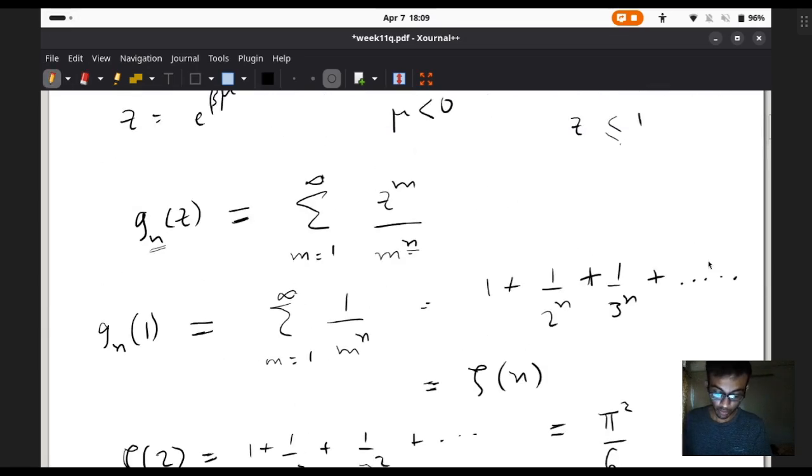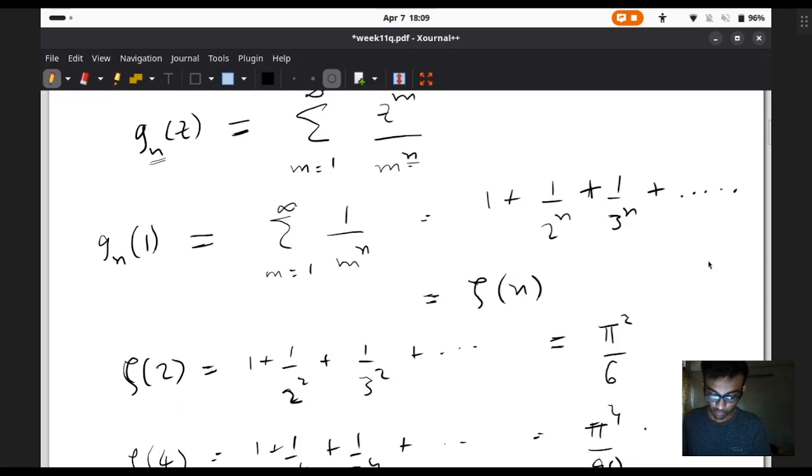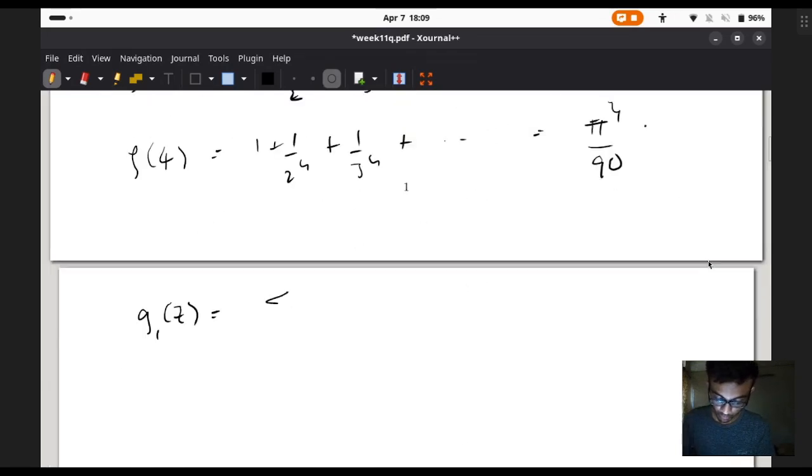This will be equal to z plus z squared by 2 plus z cubed by 3 and so on.